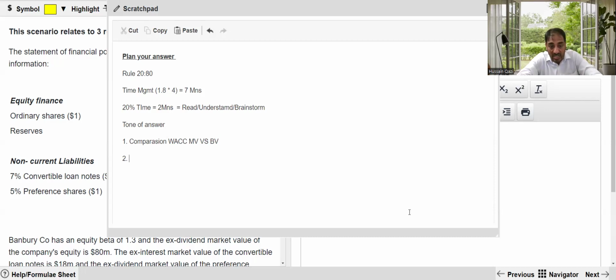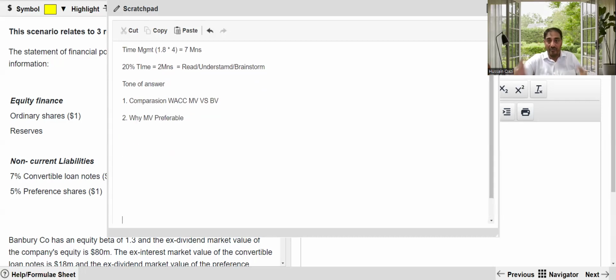And your tone should reflect why market value is preferable. Now, why is market value preferable? So first, read the requirement very carefully and understand the requirement. That's what my tone of answer should be.